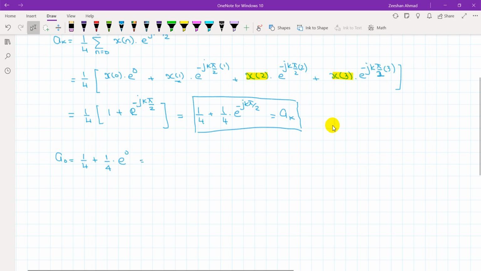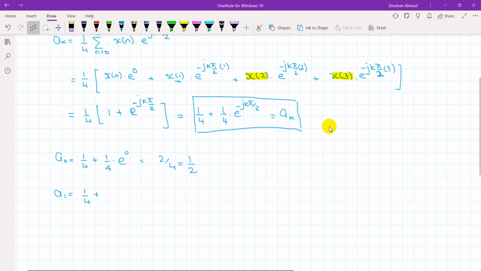So this will be equal to 1 by 4 plus 1 by 4, which is 2 by 4, which is equal to 1 over 2.